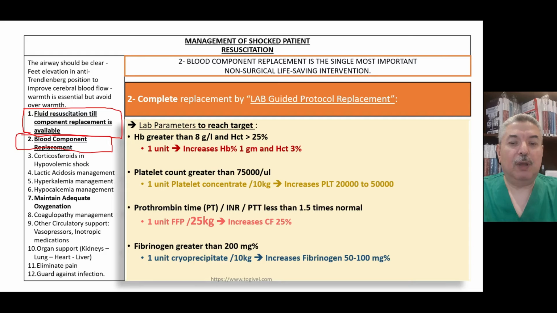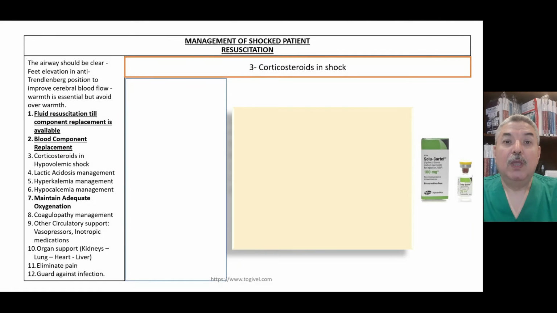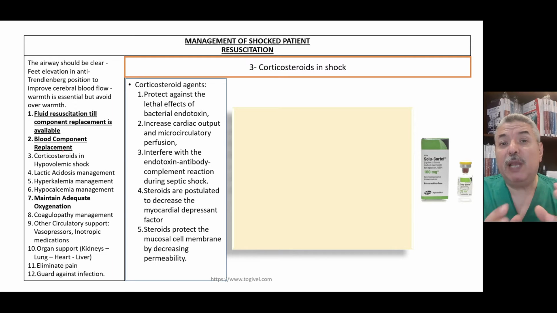We finished these two. Number 3 is the corticosteroids. Corticosteroids are very beneficial in a shock patient. They stabilize the membranes. They do a lot of things that we don't fully understand because they work on the cell membranes and on cellular mechanisms. I will just read for you: they protect against bacterial endotoxin lethal effect, how we don't know.